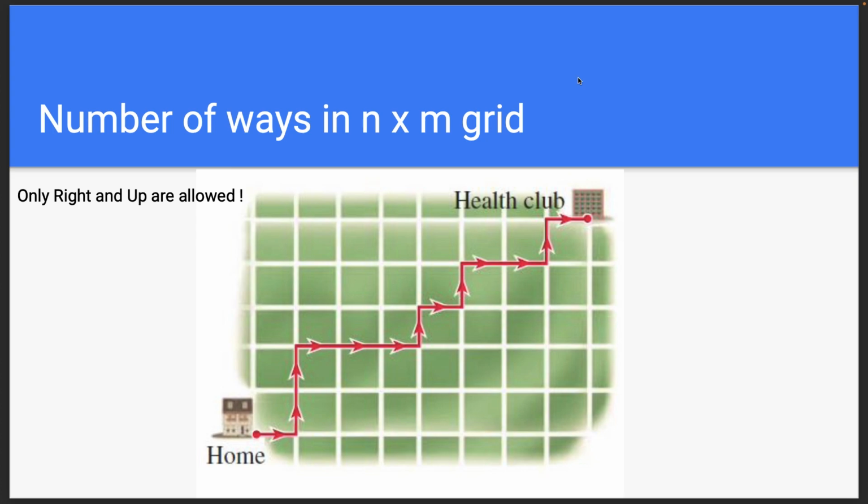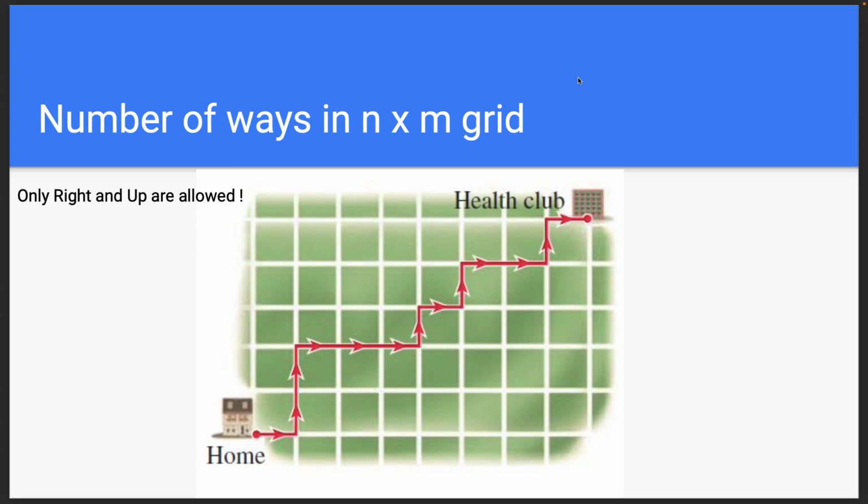Okay. Problem. So we are here in a grid. Our home is here, and we want to go to somewhere. In this example, the problem asks you to calculate the number of ways that you can go from your home to the health club.